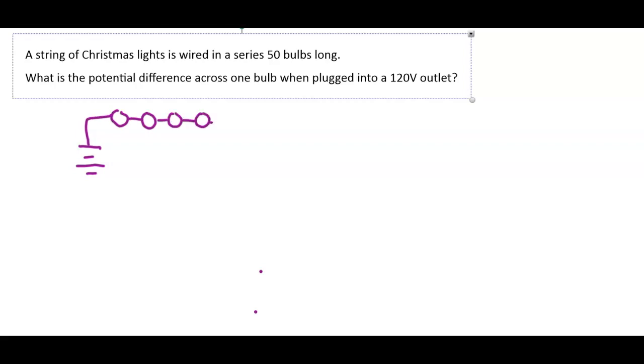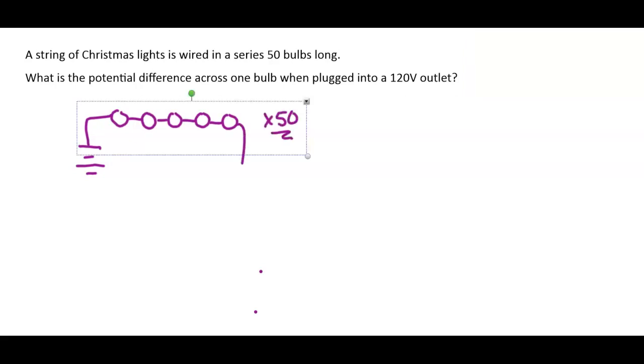So I'm going to draw 5 of them here, but there'll be 50 lights in a row. Each one of them is going to take a little bit of electricity to run. Each one's going to act like a little resistor. So what the question is asking is, what's the potential difference across one bulb when I plug them into a 120 volt outlet?